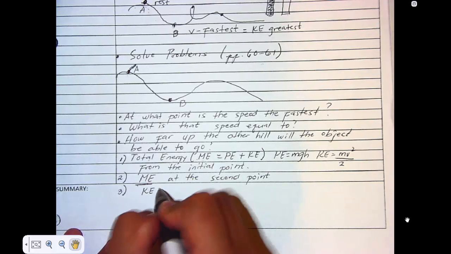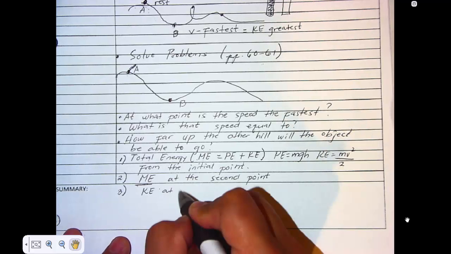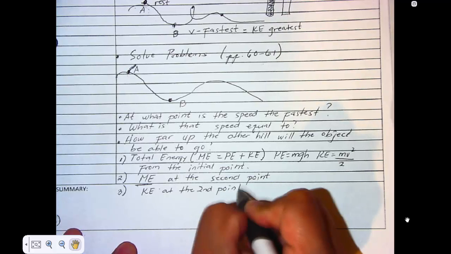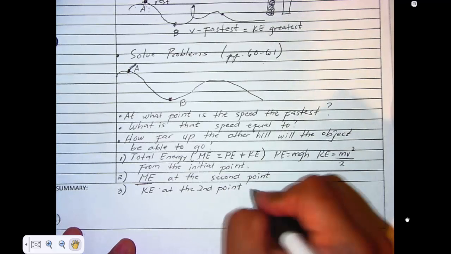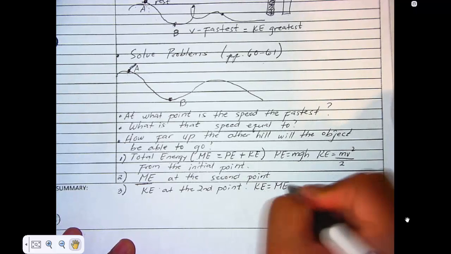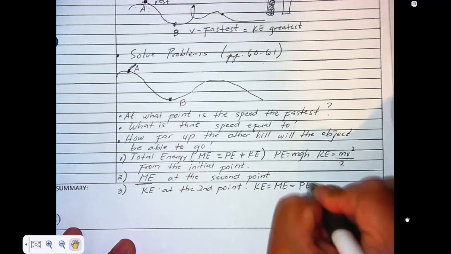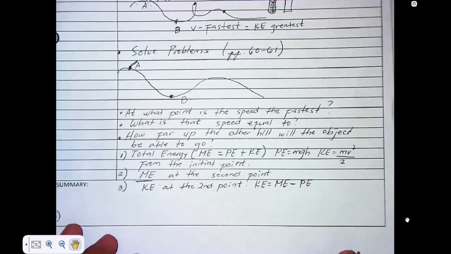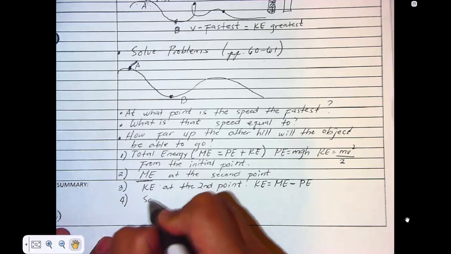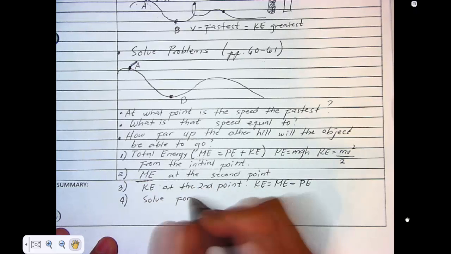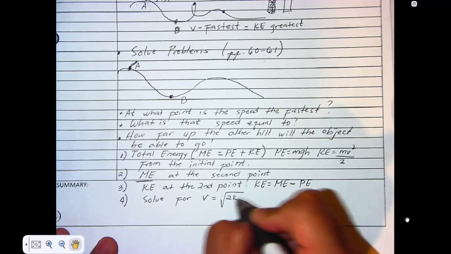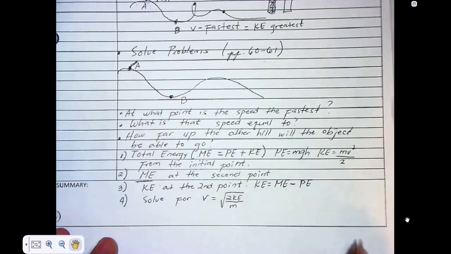So kinetic energy at the second point, since you do not know the speed there, you will use the equation KE equals ME minus PE. Okay? After you get the kinetic energy from that point, now you can solve for speed, which will be the square root of 2 KE over m.